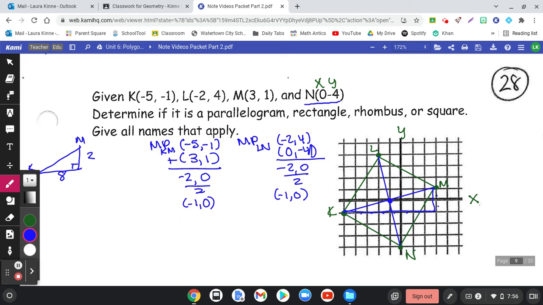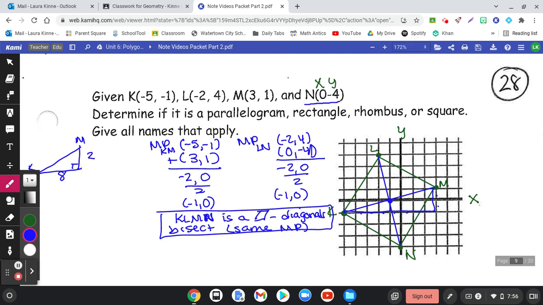So we can say KLMN is a parallelogram because diagonals bisect each other. They have the same midpoint. You got to have those statements.